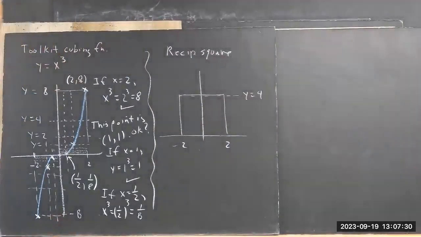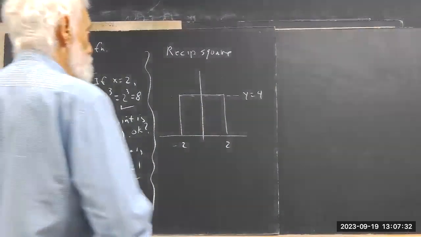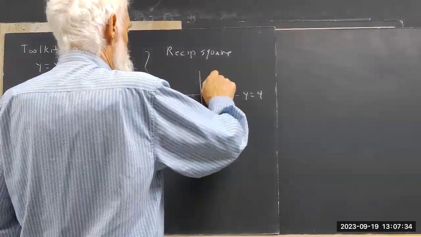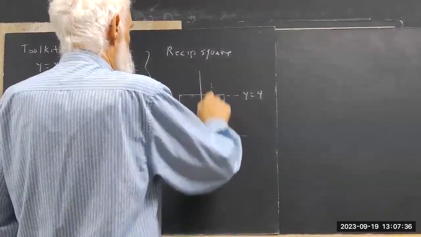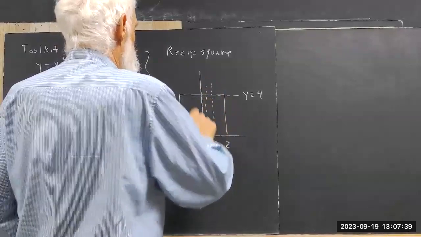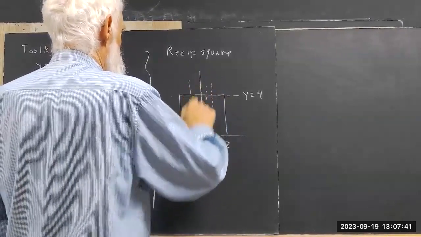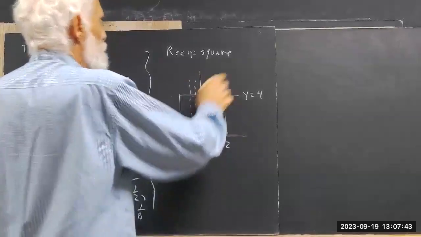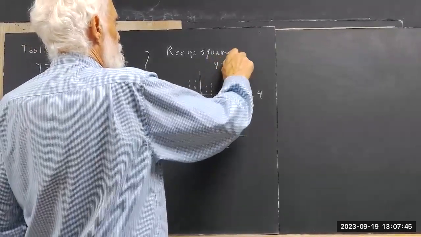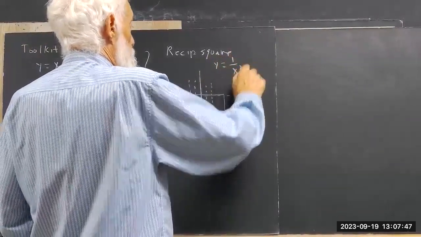And we divide it vertically the same way we did for the squaring function. And the reciprocal square is y equals 1 over x squared.